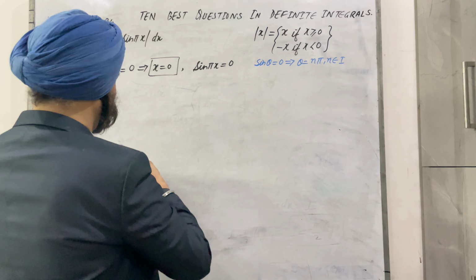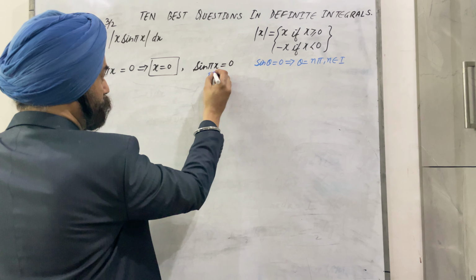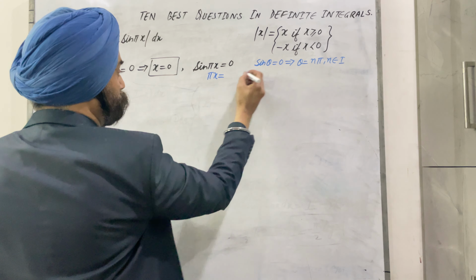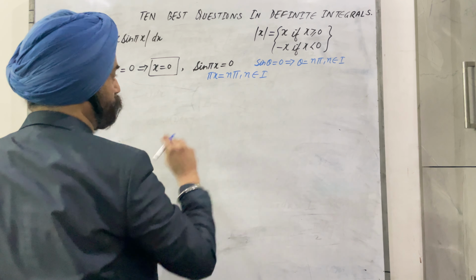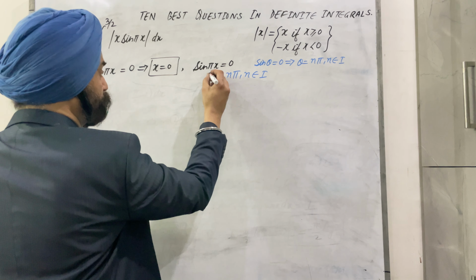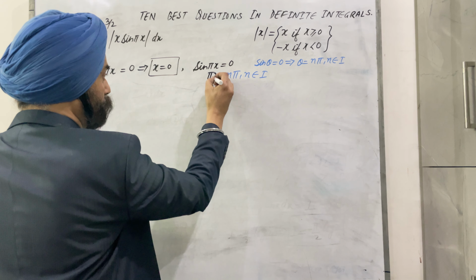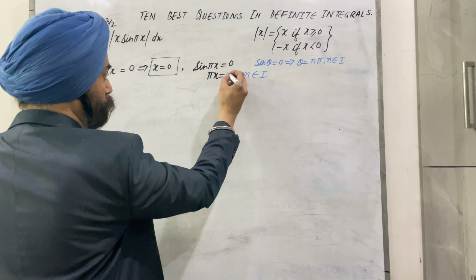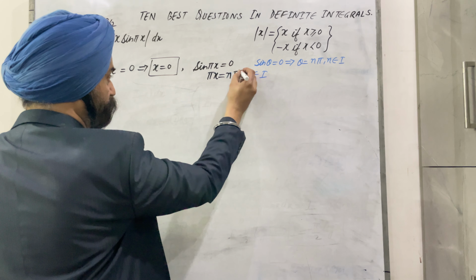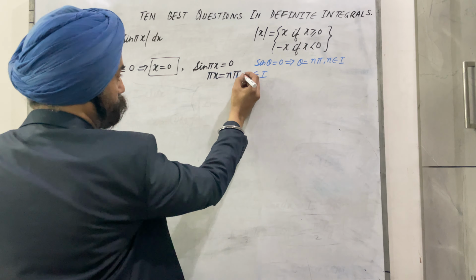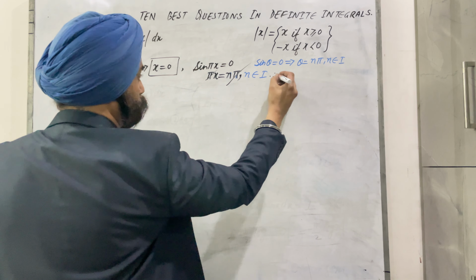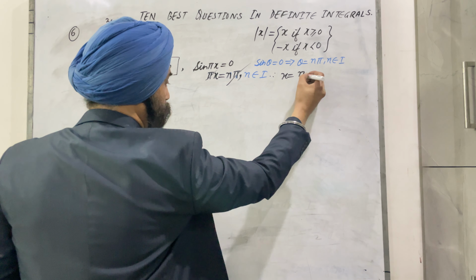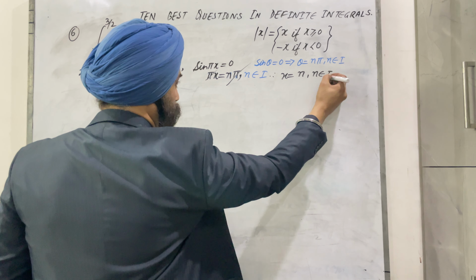So pi x is equal to n pi, where n belongs to the set of integers. Now this pi gets cancelled, so we get x equal to n, where n is an integer.